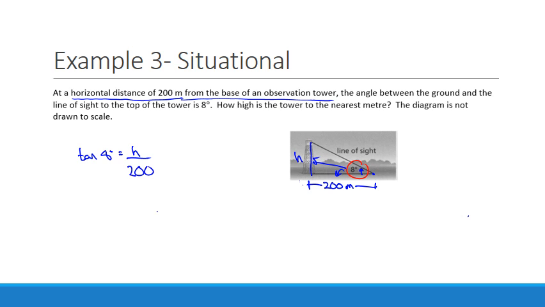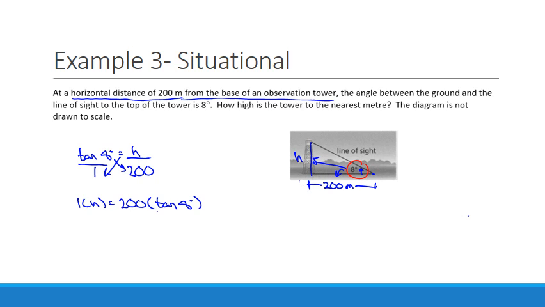So I don't worry about if my variable's on top and bottom. I just solve it. When the variable is on top, it is that shorter version. I'm always going to bring that variable to the left side. So 1 times h. Then on the other side, 200 times tan of 8 degrees. Now, if you're wondering, it doesn't matter if I go h times 1 or 1 times h. And then on the right side, 200 times tan 8 or tan 8 times 200, you guys.